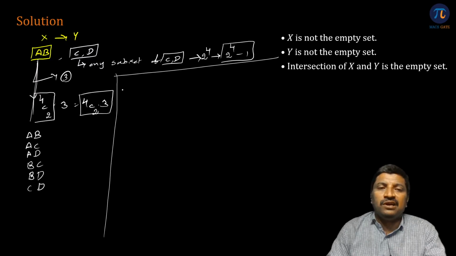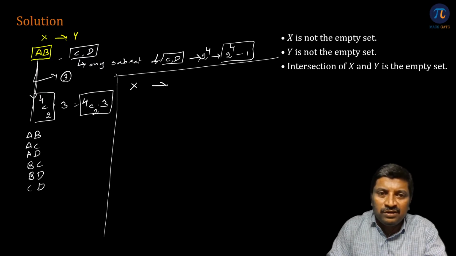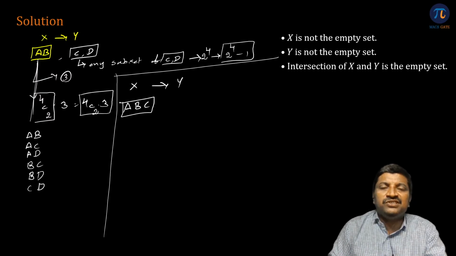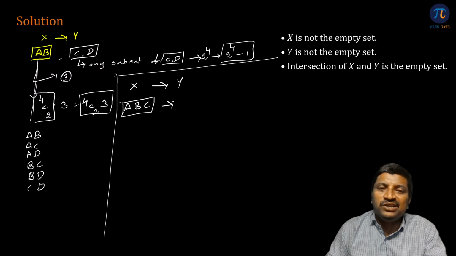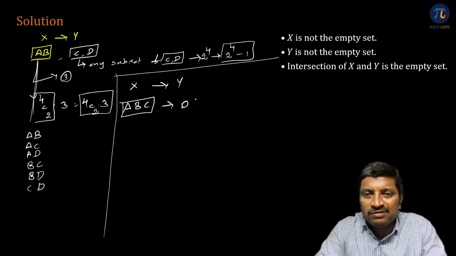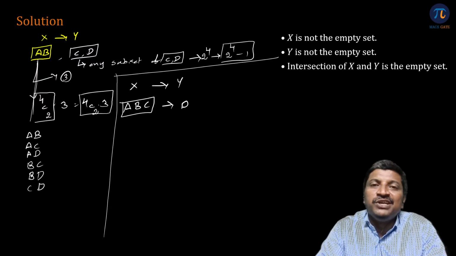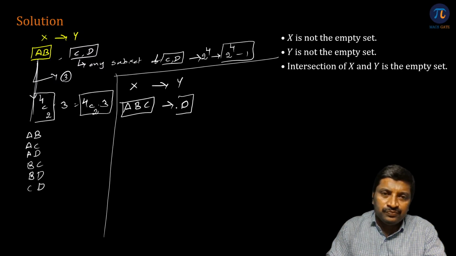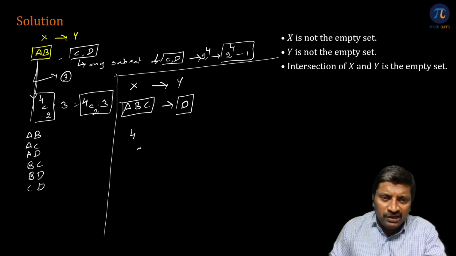Like that, we can calculate the third one. The left side has 3 values. When the left side has 3 values, what can you have on the right side? Only one element remains, so the possible subsets are empty and itself. Empty I should not write, so I can write 1. Then for the left side, out of 4, I need 3 elements: 4C3 into 1.